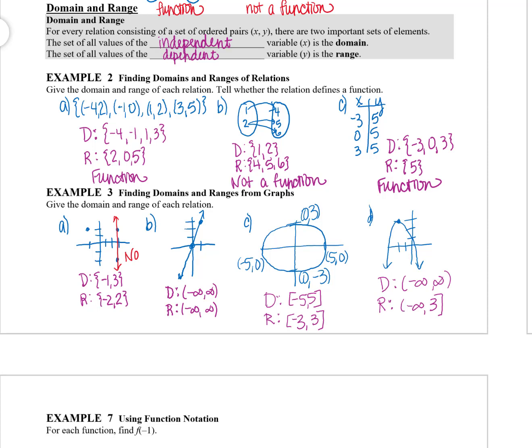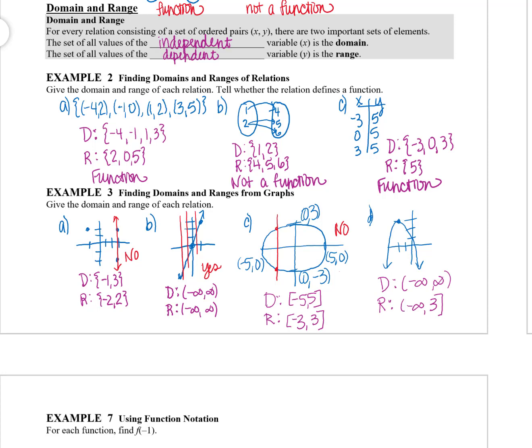For part B, no matter where I draw a vertical line, do you see how it only passes through the graph at one point? So this is a function. Part C, I can draw a vertical line through this graph at more than one point, and so this is not a function.